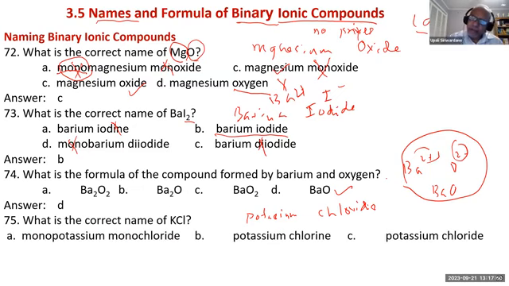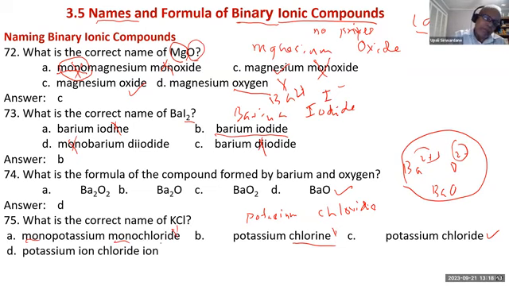Potassium chloride is answer C. Potassium chlorine is wrong. It has to be chloride. We don't use prefixes here. That's wrong. That's the only correct answer. Potassium, this is wrong also. The answer is C.